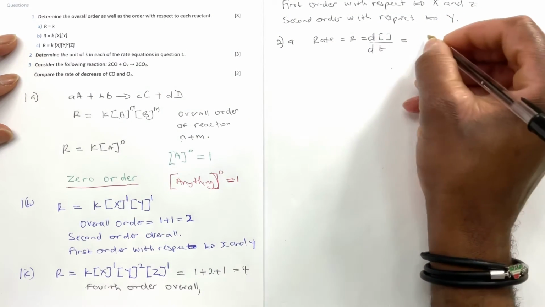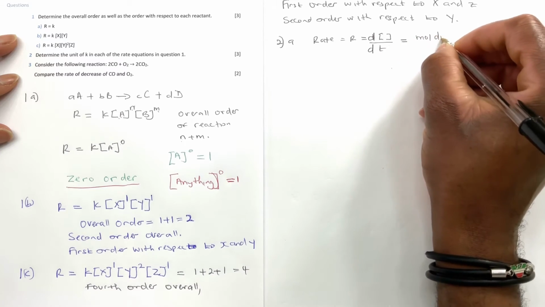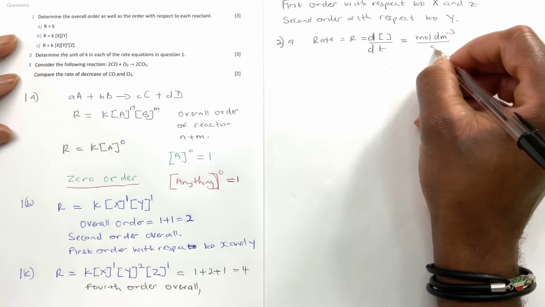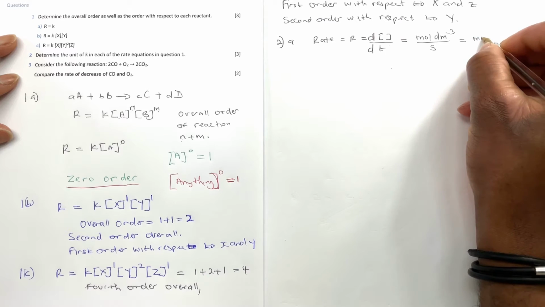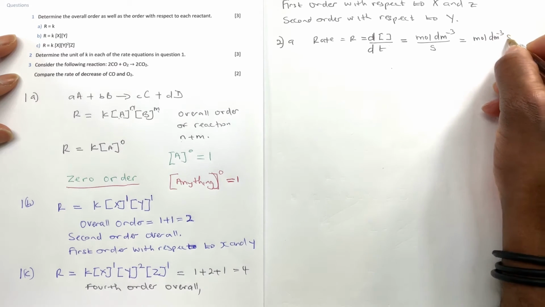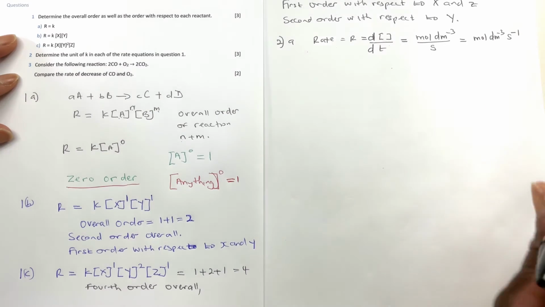As you can see, the unit for concentration is mole per decimeter cube, and over time, that can be written as mole per decimeter cube per second. So that's the unit for rate.